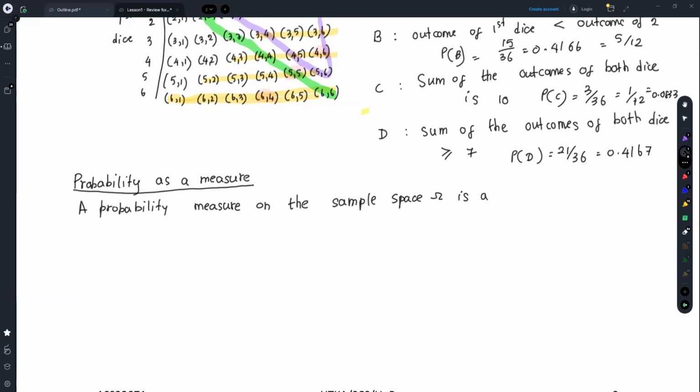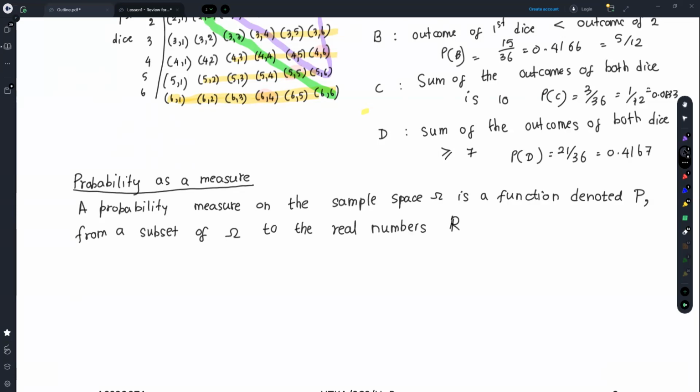This is how you define probability as a measure. We denote it as P as usual, and it goes from a subset of omega to the real numbers.